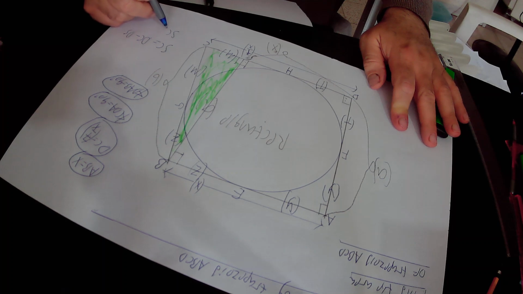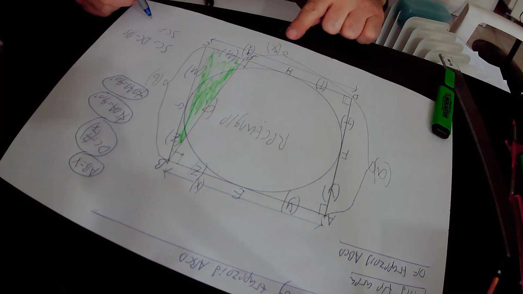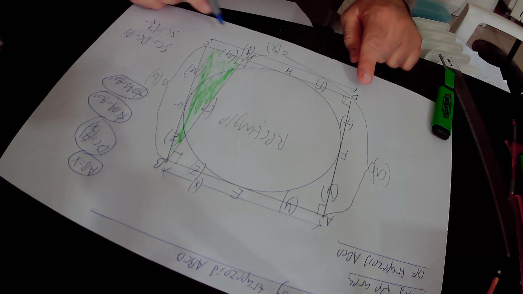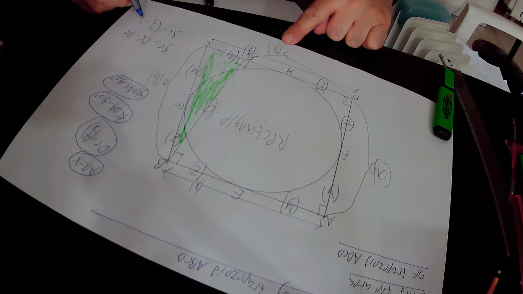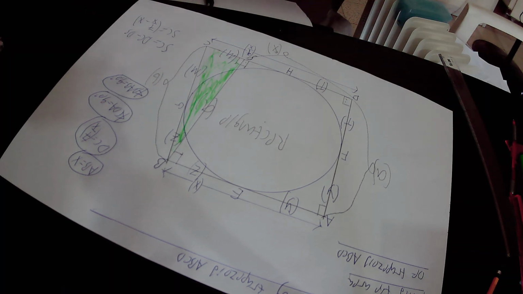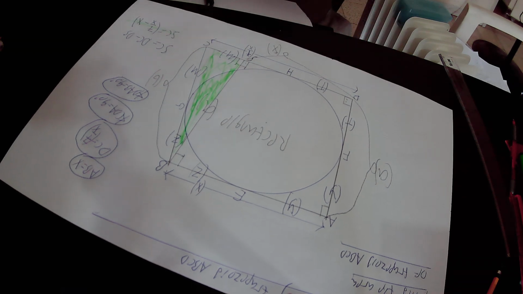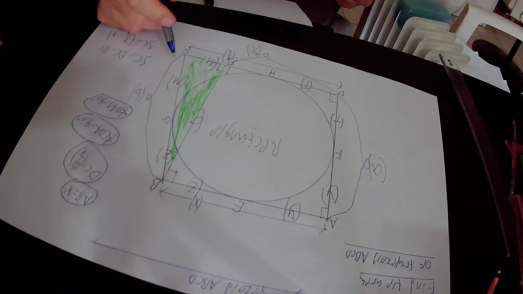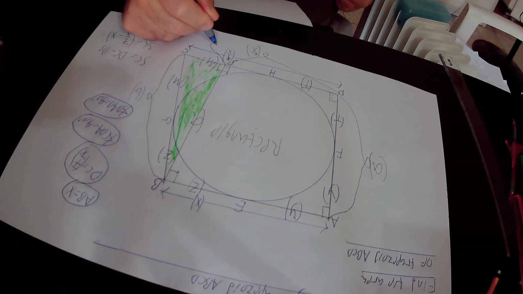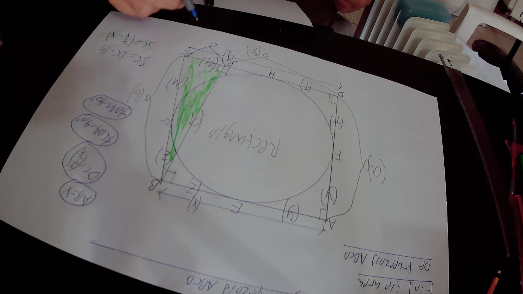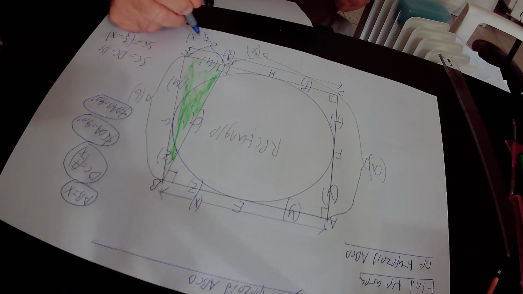So SC equals DC, that is actually 7 over X, minus DS, that is X. So in total, we found out that SC equals 7 over X minus X. So this is side SC, that equals 7 over X minus X.